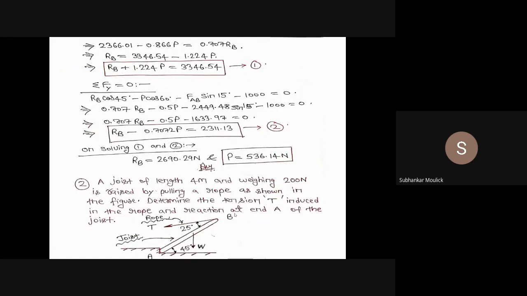Or what you do is divide by 0.707 throughout, then RB is equal to 3346.54 minus 1.224 times P. Or you can write RB, this minus becomes plus when it goes to the left-hand side, plus 1.224 times P equal to 3346.54, which is equation number 1. Any doubt in equation number 1?